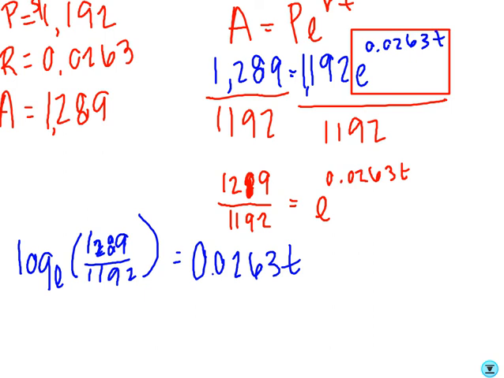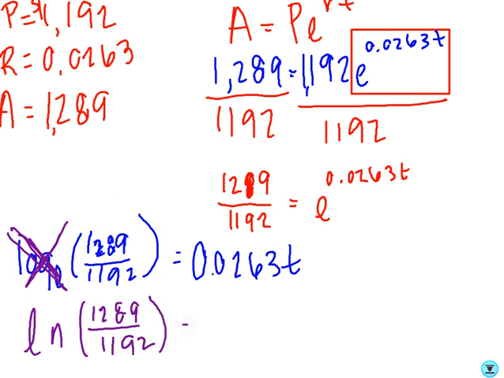But remember, we don't write log base e, we write ln. So log base e gets replaced with ln. And then everything else just stays the same. That's the only thing that changes.